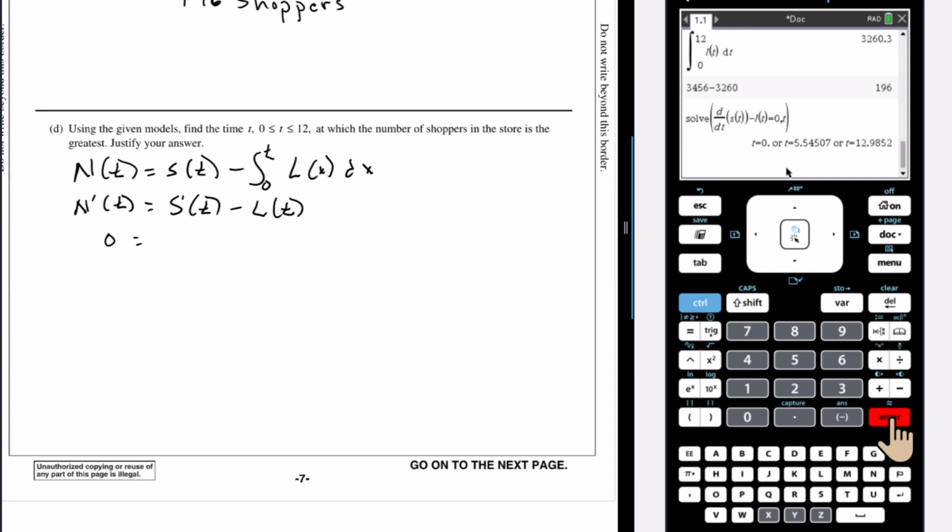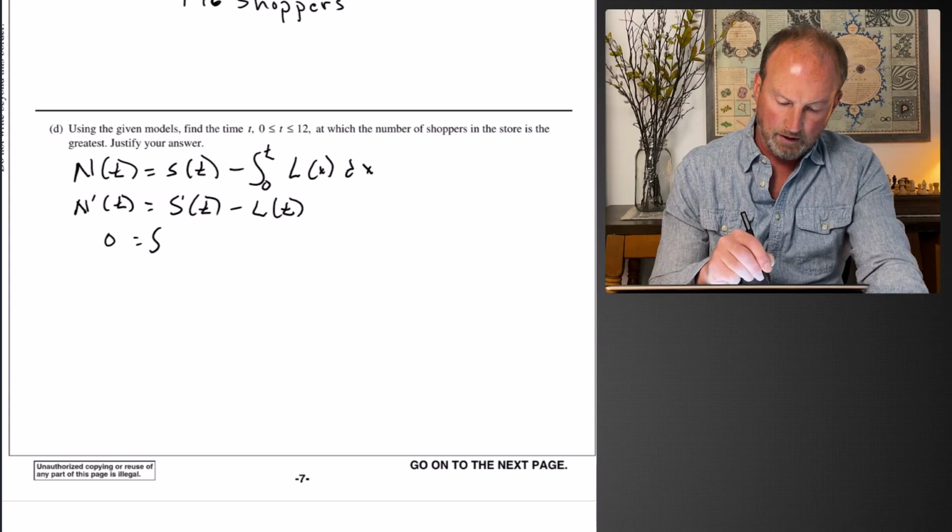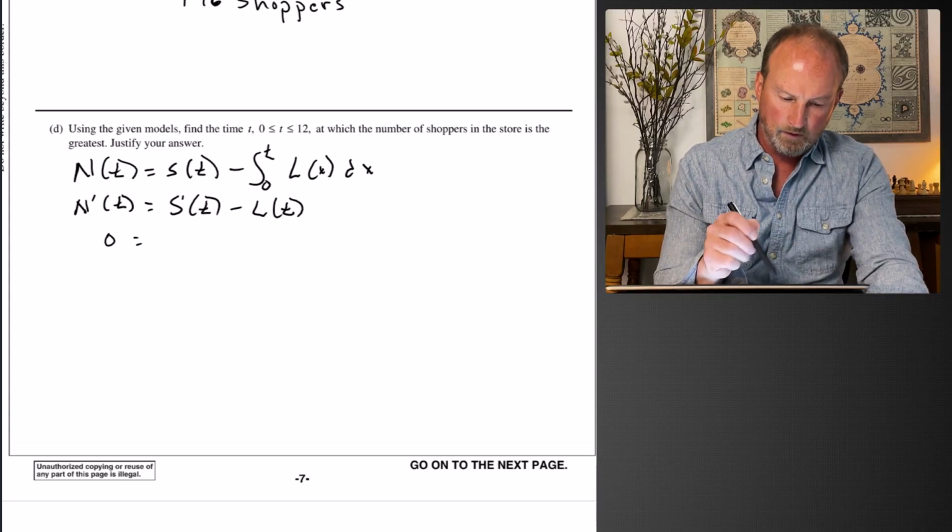Looks good. I get several options. I get time equals 0, time equals 5.5, etc., and time equals 12.98. Well, my critical values are at 0 and at 5.545, etc., because the 12.98 is outside. So I want to finish writing this. Good notation.